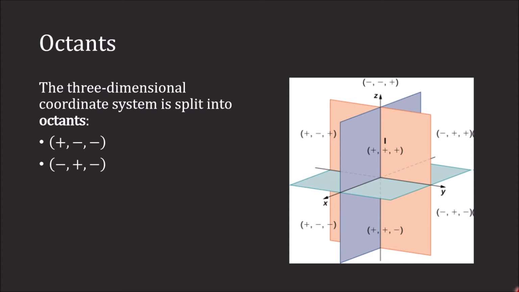X and z negative, y positive. X and y negative, z positive. And finally, all of the coordinates are negative. Unlike the quadrants, there is no numbering convention with the octants, with the exception that octant 1 is the octant where they are all positive.